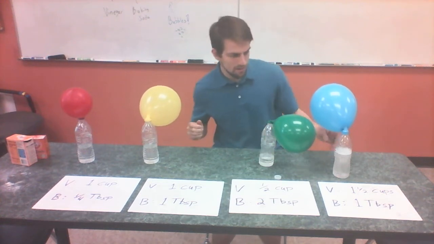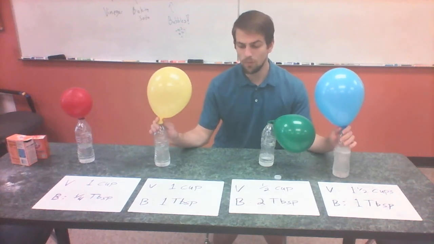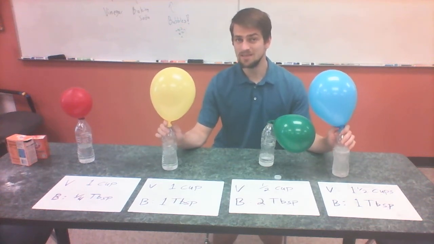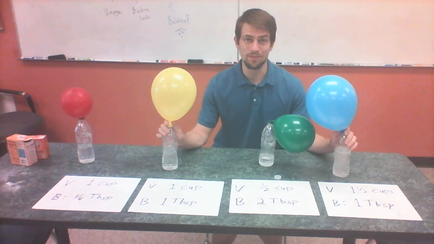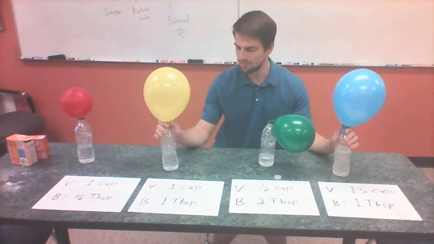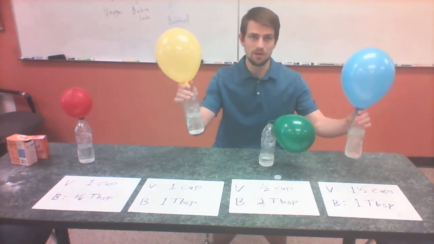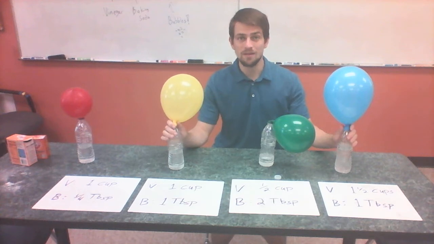It looks like, based on what I can see, 1 cup of vinegar to 1 tablespoon of baking soda is the ideal ratio, so the right amounts of both vinegar and baking soda to get the most reaction possible. In both of these, I'm not seeing any leftover baking soda in here, so all the baking soda got used up.